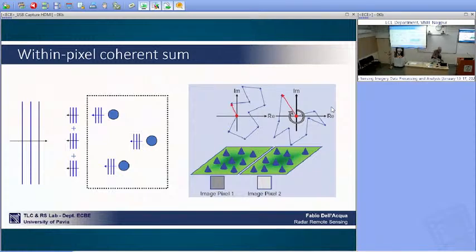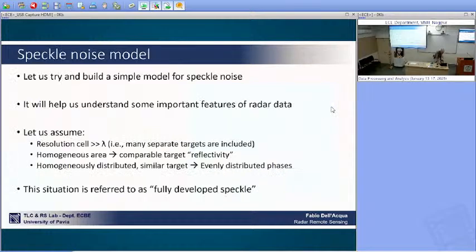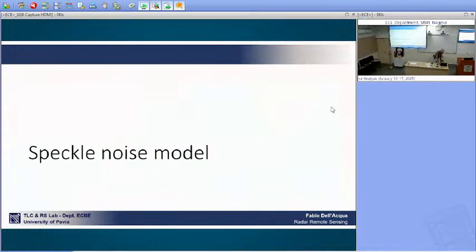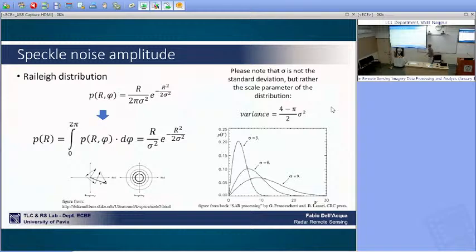Now, the point is that actually there's something you can do about it. And so scientists have developed a so-called speckle noise model, which I don't want to bother you about. But the basic concept here is that you can describe this phenomenon. You can describe it statistically. Okay? I will spare you all the formulas, but the basic concept is that I can come up with a model for this random phenomenon.